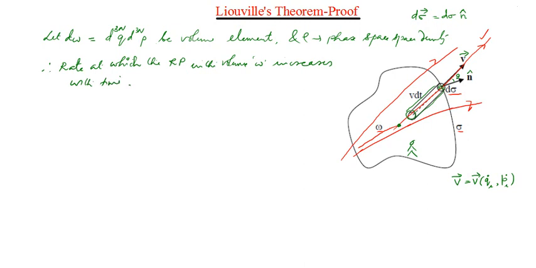So we call that one R in. Okay, R in. You know that a large number of representative points are flowing into the volume, and so that is R in.